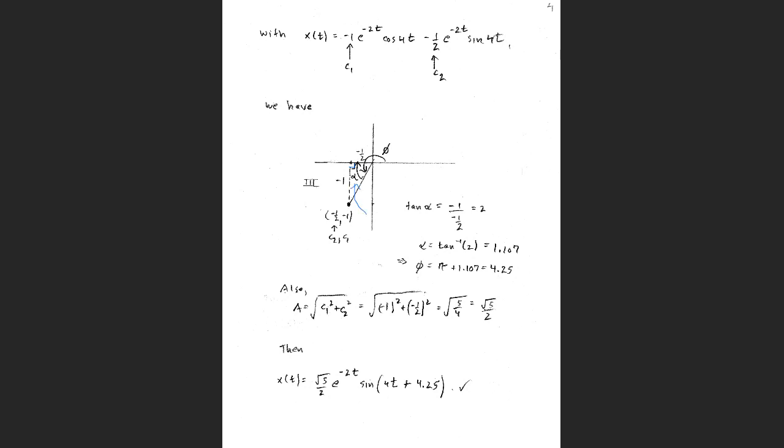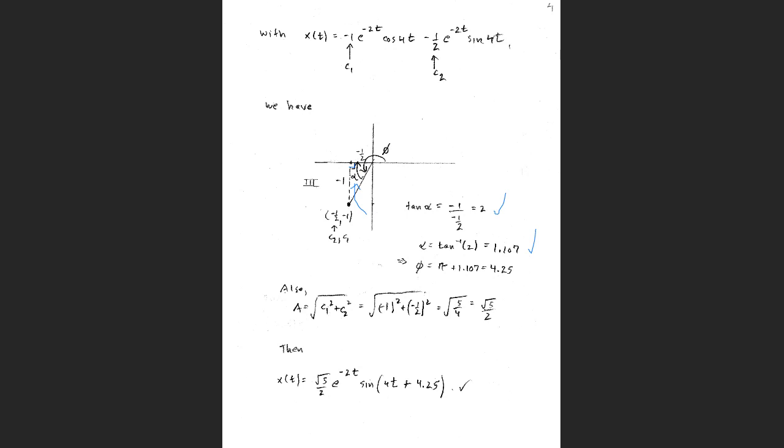And so the tangent of alpha is, tangent is opposite over adjacent. So the opposite leg is -1. The adjacent leg is -1/2. Or you can think of it as y over x. That's fine. That equals 2. And on your calculator, if you do the arctangent of 2, you're going to get 1.107.